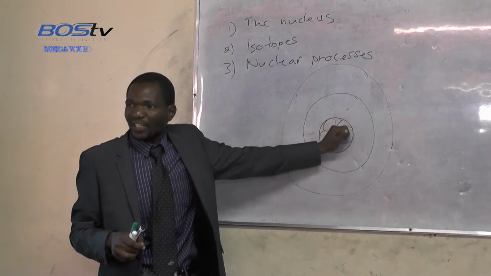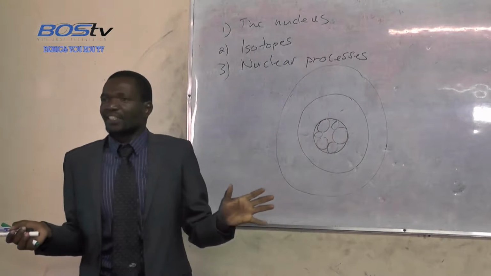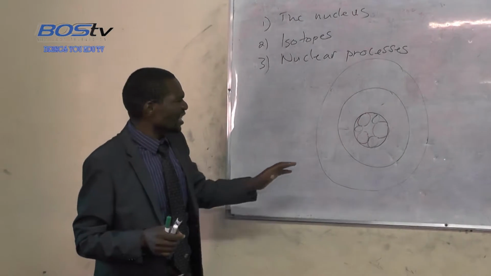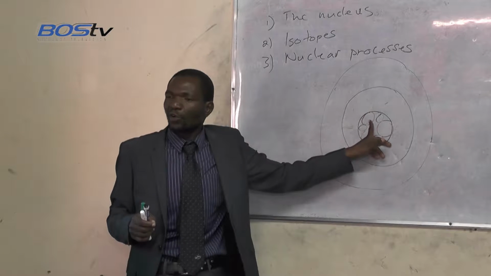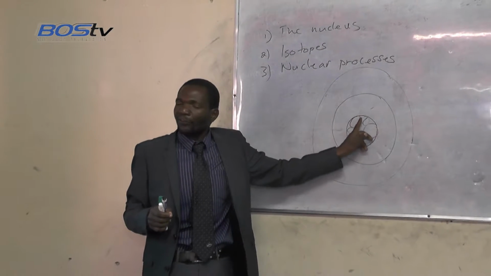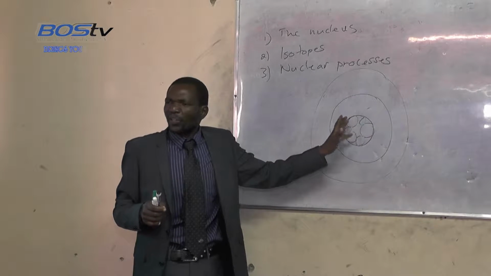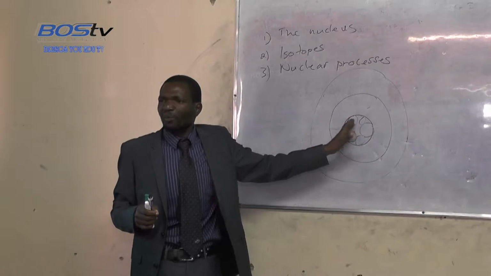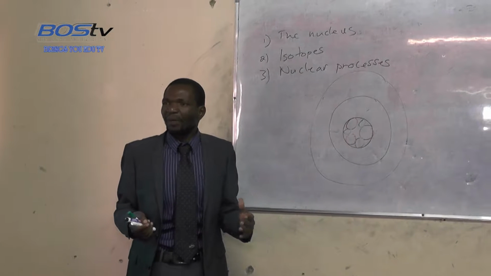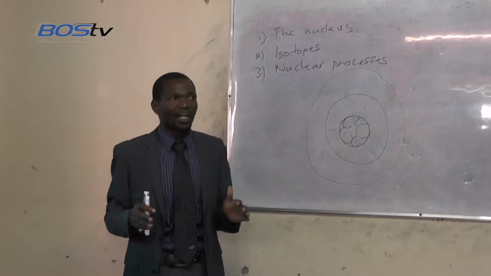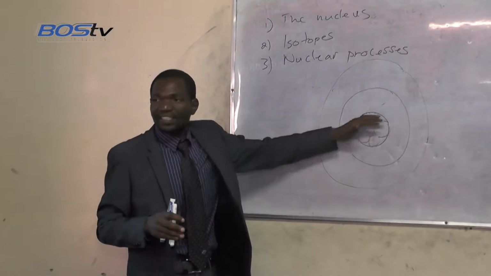They make up the nucleus. So common sense is that we must expect, if we add up the masses of all the individual protons and neutrons, that they will be equal to the total mass of the nucleus they are making. But it's different. Are we together? So we want to find out why it is different.